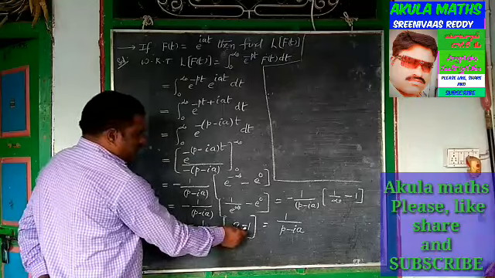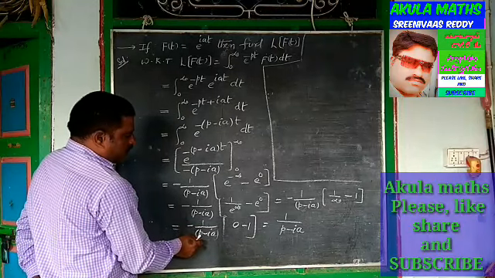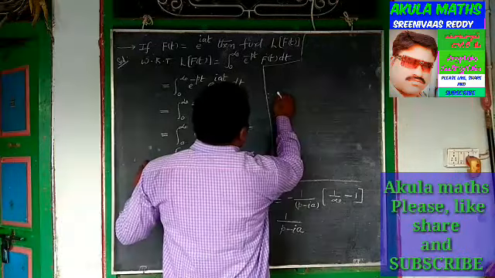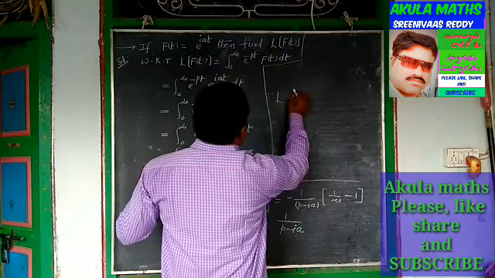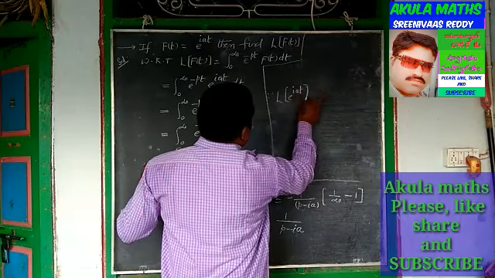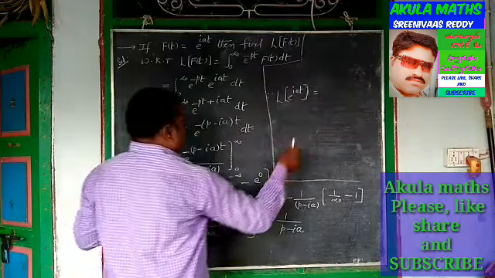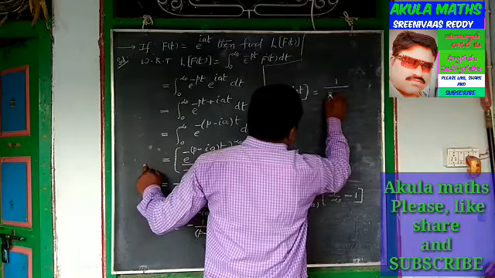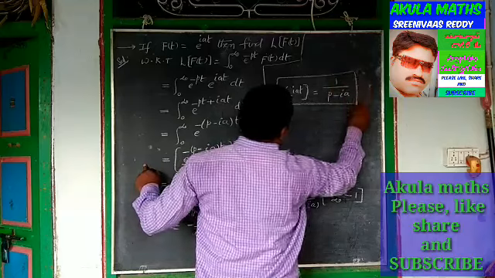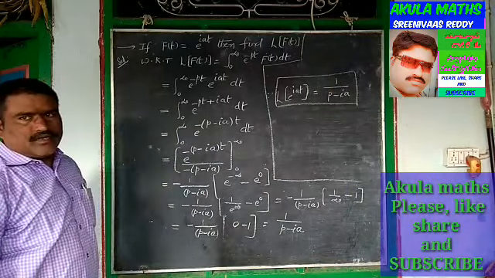So minus into minus plus 1 by p minus ia. Therefore, L of e power iat is equal to 1 by p minus ia.